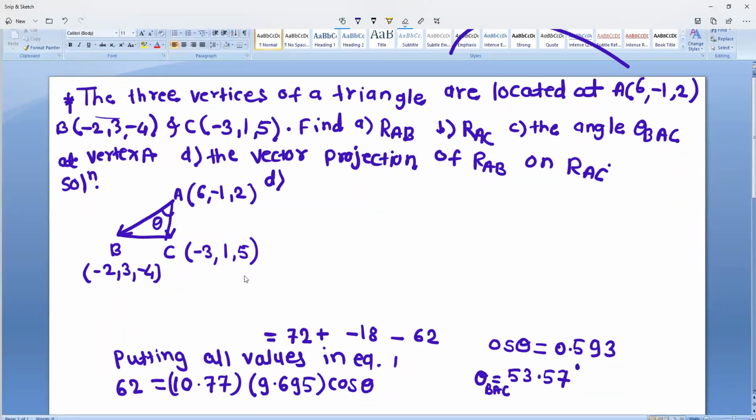Now, the vector projection of RAB on RAC. Now see this. We'll draw a triangle like this.